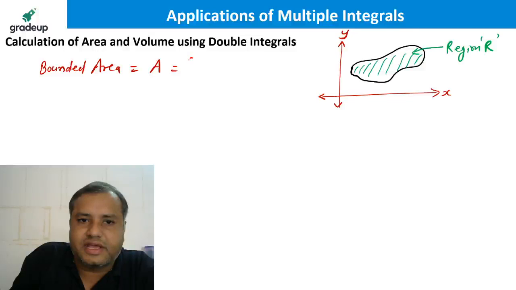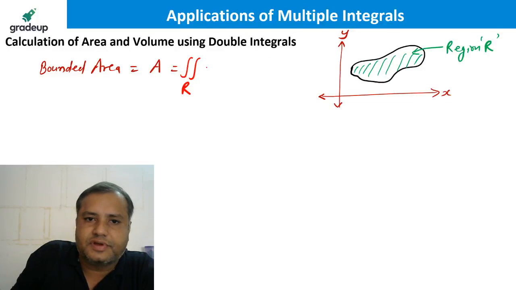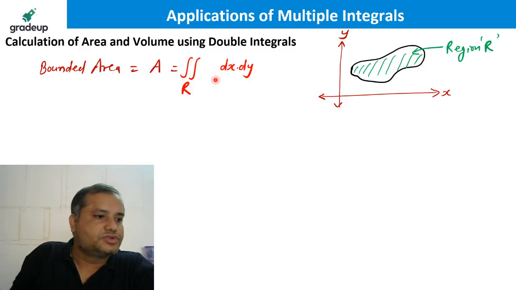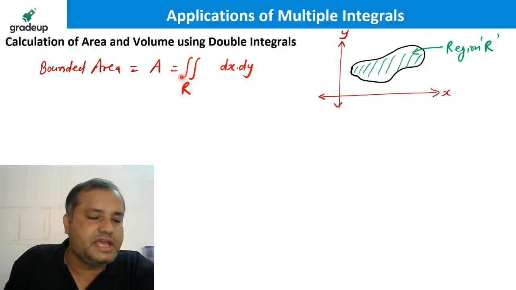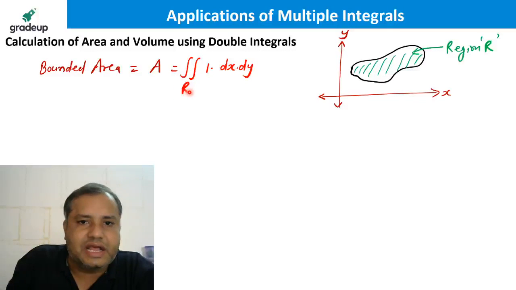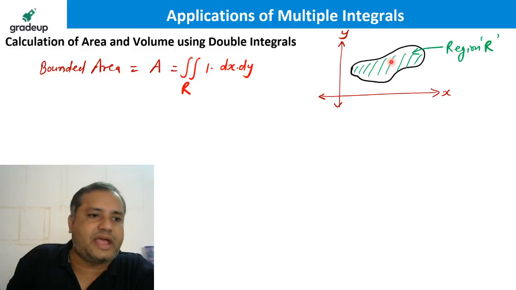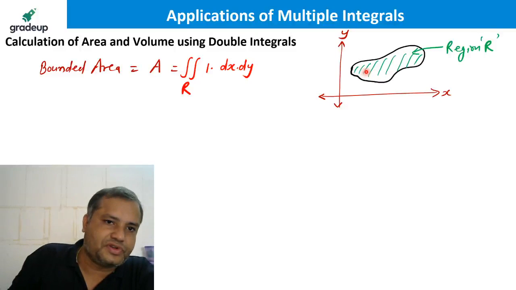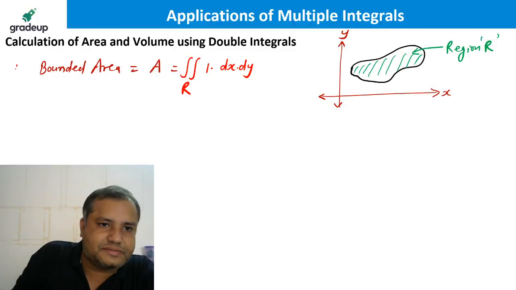You can calculate this by double integration over this region R, dx dy. If you do the double integration of 1 over this region R, then the answer will be nothing but the area bounded by this region. Okay?